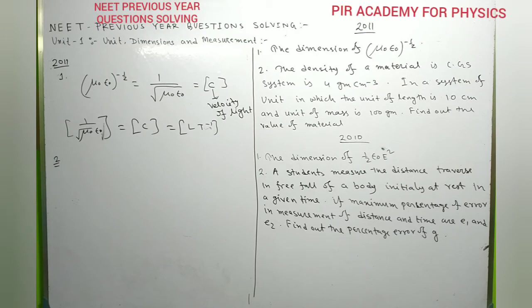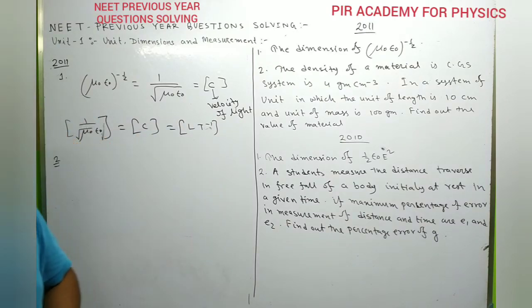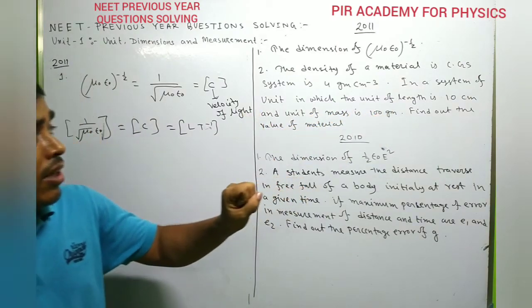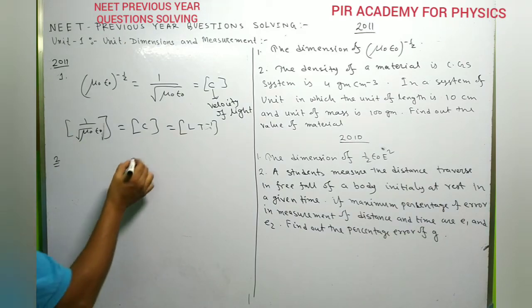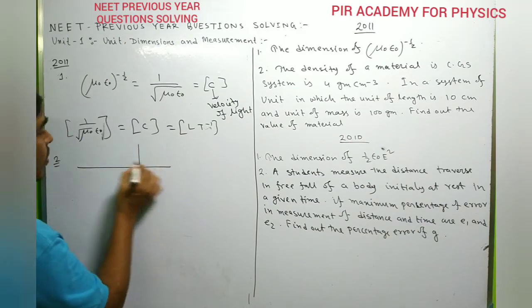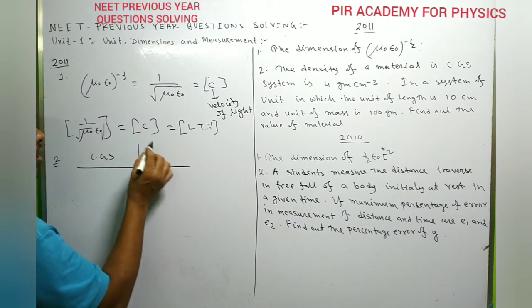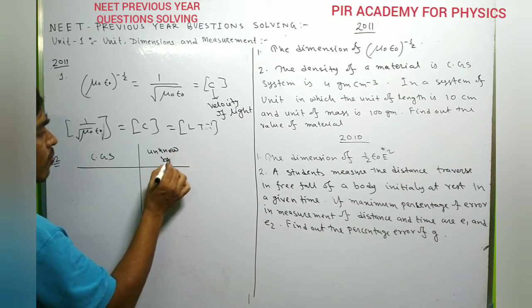Here the density of a material in CGS unit system is 4 gram per cm cube. In a system in which the unit of length is 10 cm, that means there are 2 unit systems. One is the CGS system, another is an unknown system.